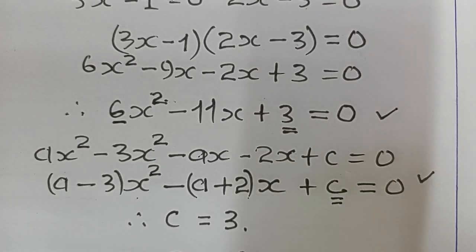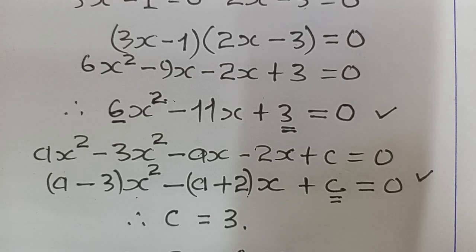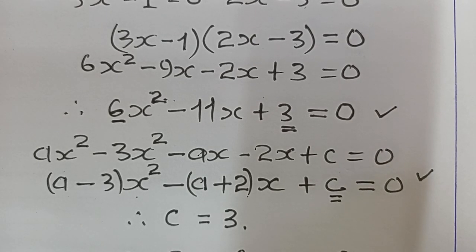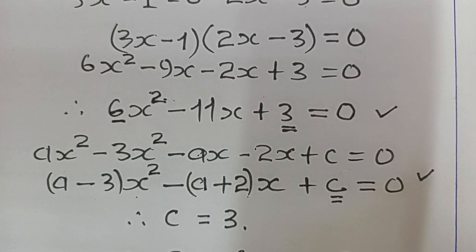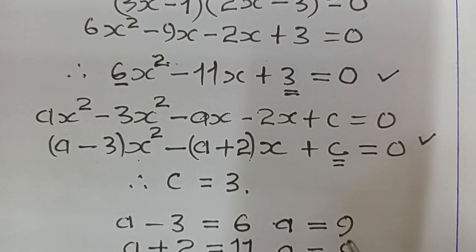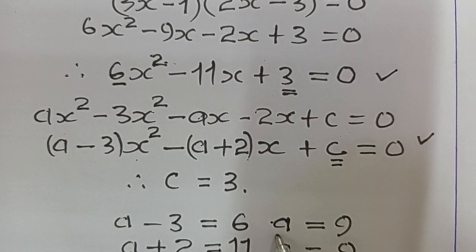We can now neglect one, but let's see what we get from each equation. So a now here is equal to 6 plus 3, that is 9. A here is equal to 11 minus 2, that is 9. And so therefore, a is equal to 9.